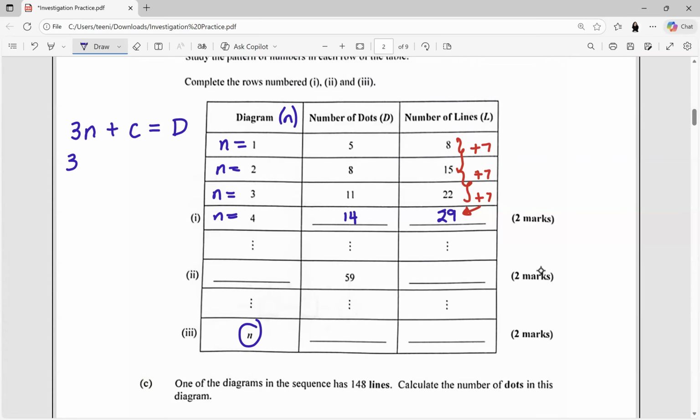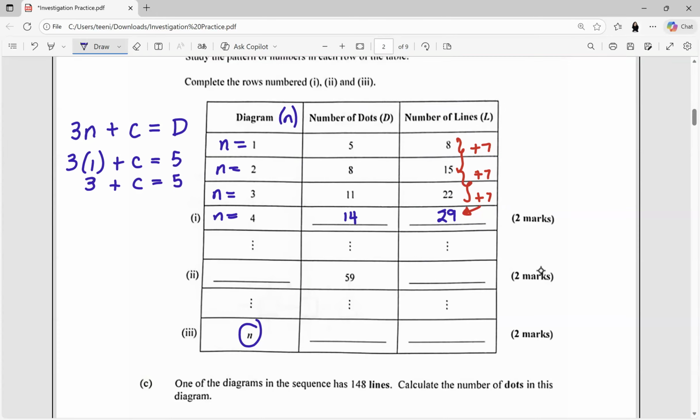So when n is 1, that means that 3 times 1 plus some number c is equal to the number of dots. In the first diagram, the number of dots is 5. So 3 times n, which is 1 in this case, plus some value gives me 5 dots. In other words, 3 times 1 is 3, so 3 plus c is equal to 5.